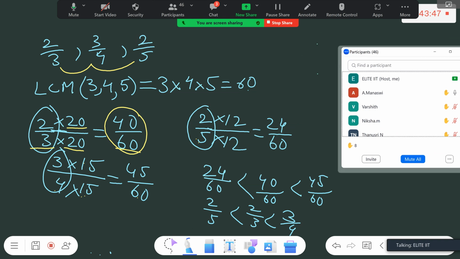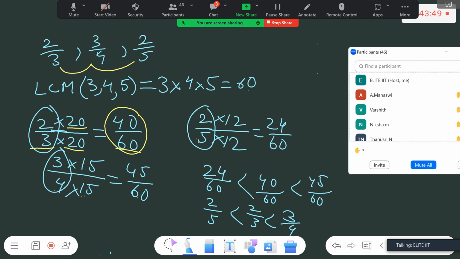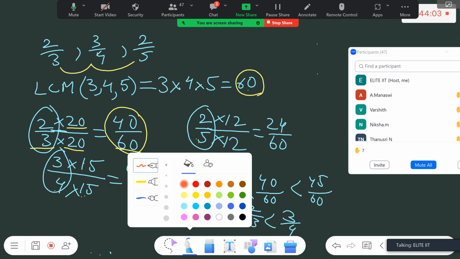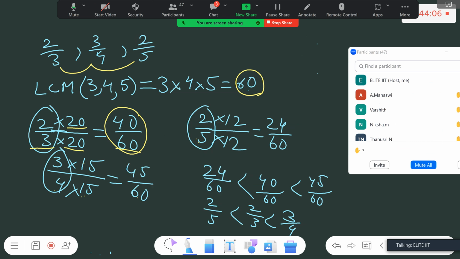Manasvi, if you take the LCM of 3, 4 and 5, what do you get? You get 60, isn't it? So after that, what did we do? We converted them to like fractions. How?